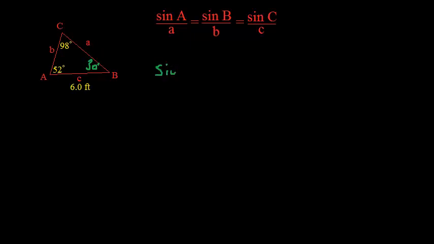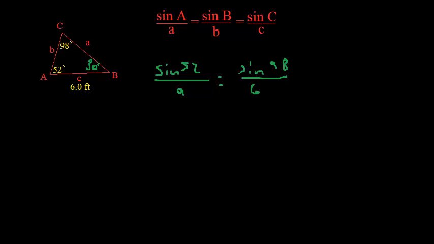I know that the sine of 52 degrees over that side A has to be equal to the sine of my 98 degrees over 6. I always want to have one ratio that is complete. So the sine of 98 degrees over 6, I can calculate these exactly, and then I only have one missing piece to solve for.